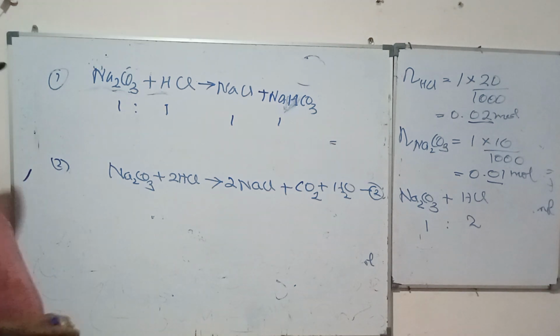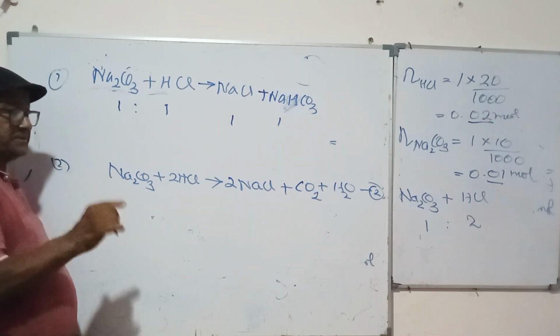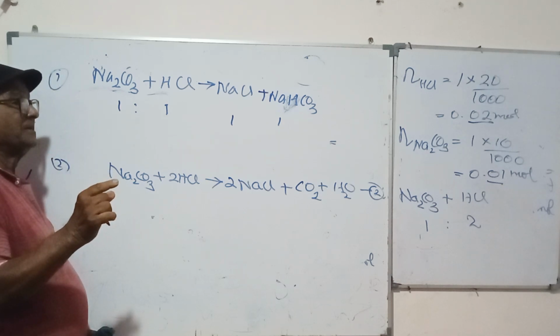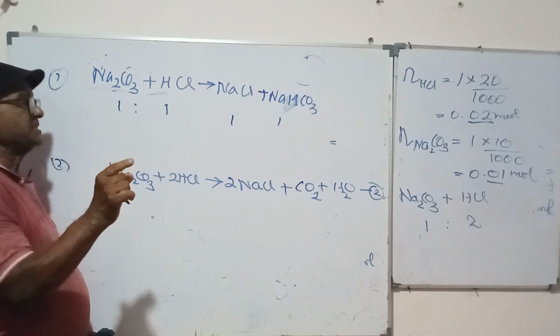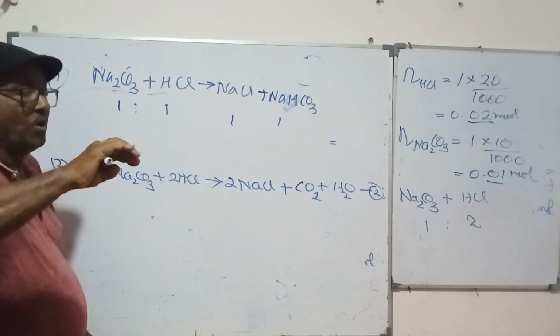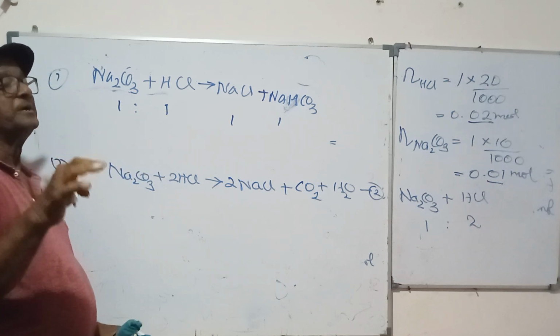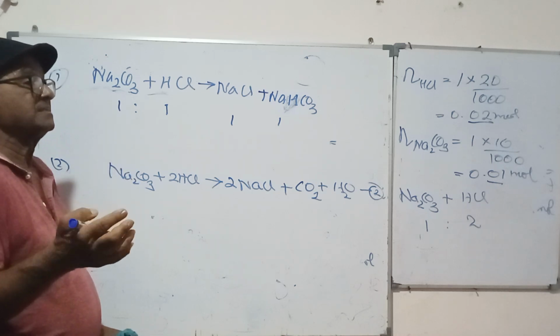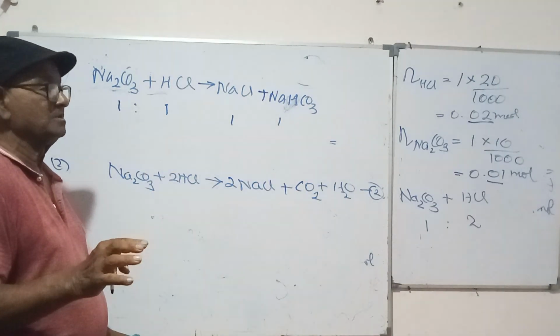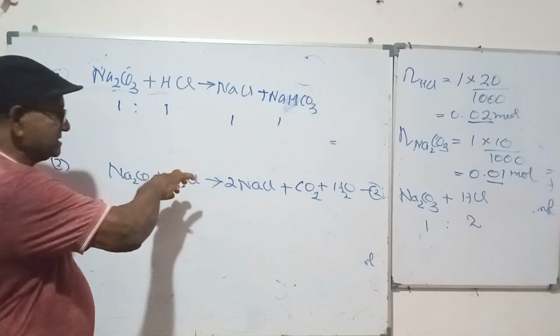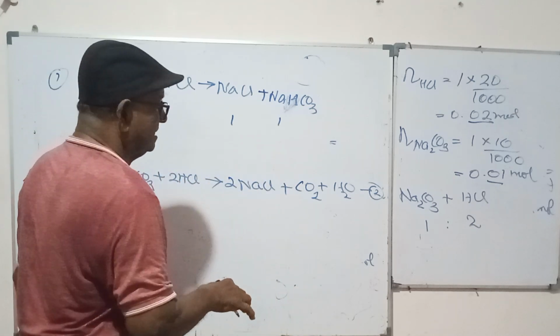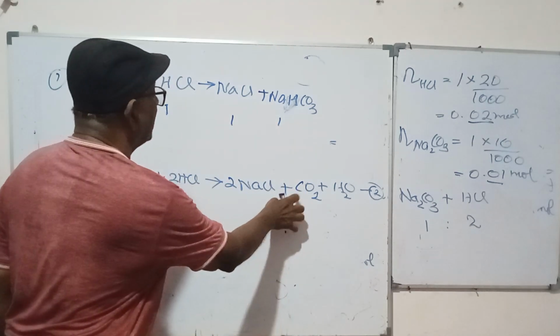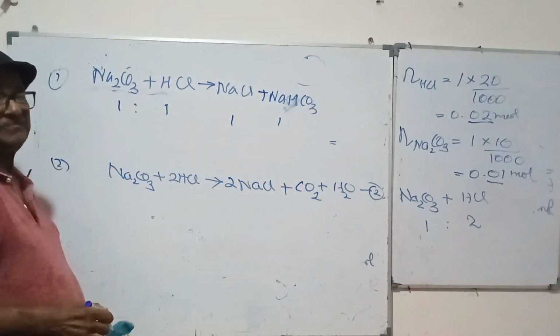Then during the titration we can observe that during the first titration, there is no effervescence of carbon dioxide, no evolution of gas can be observed. But during the second titration, we can observe the evolution of carbon dioxide also.